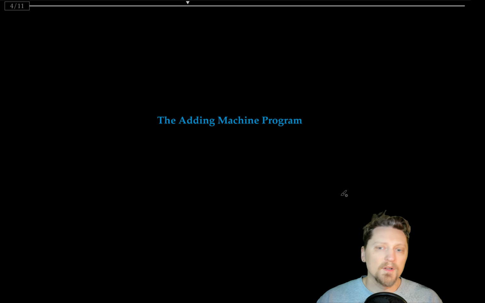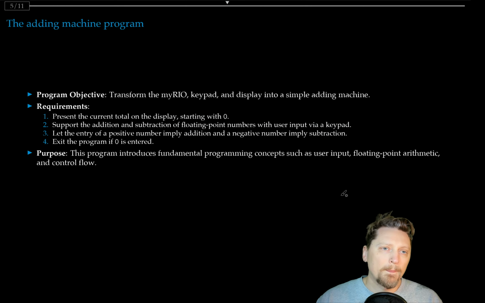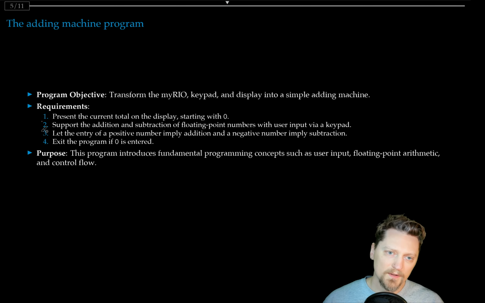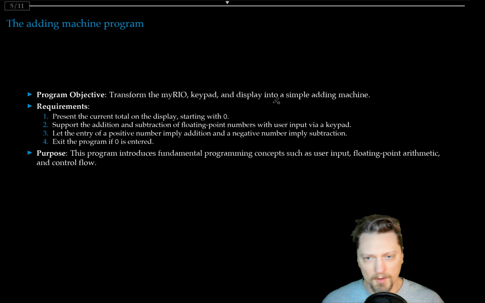Okay, the adding machine program. This is the program we're going to be writing together for this lab. So the objective of the program is to transform the MyRio keypad and display into a simple adding machine. Requirements: 1. Present the current total on the display, starting with 0. 2. Support the addition and subtraction of floating point numbers with user input via a keypad. 3.